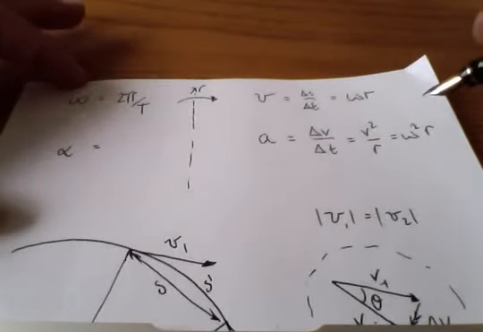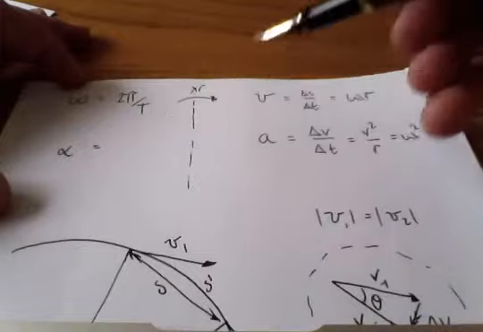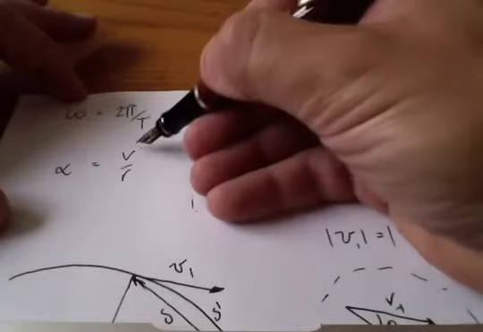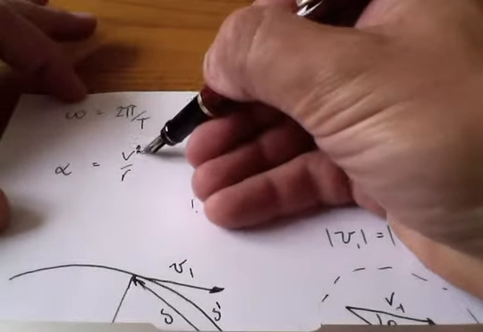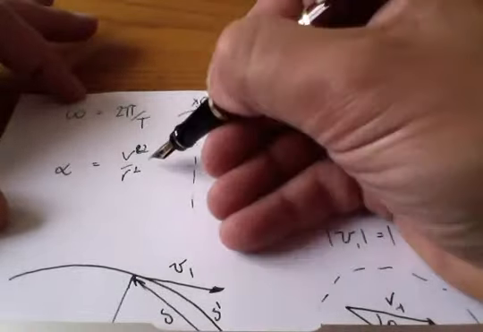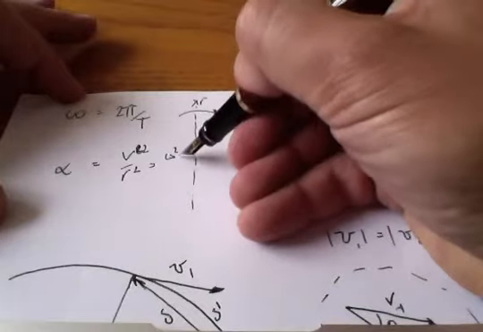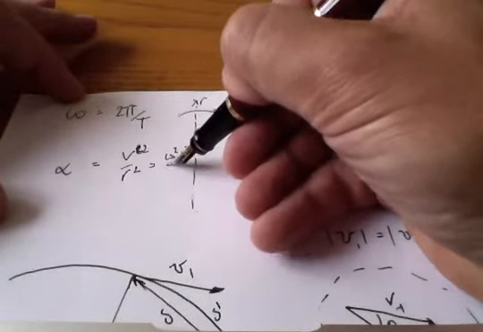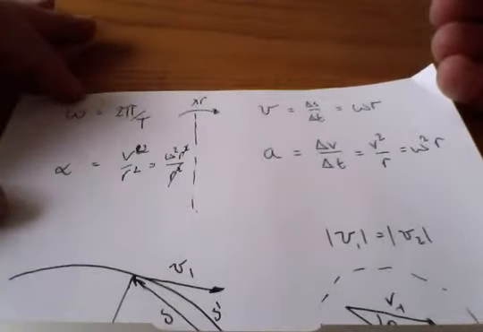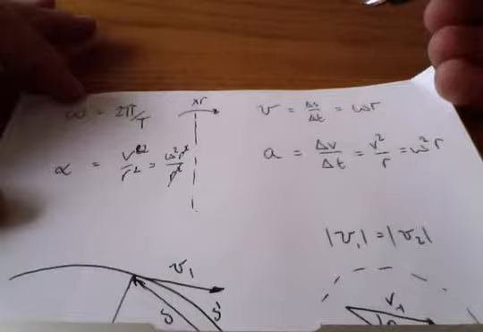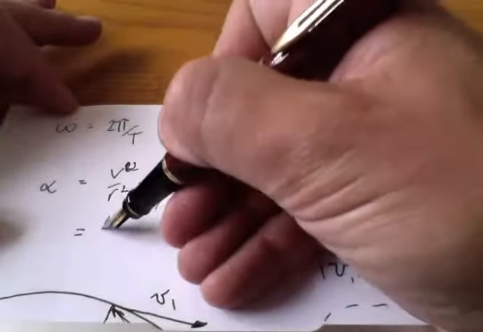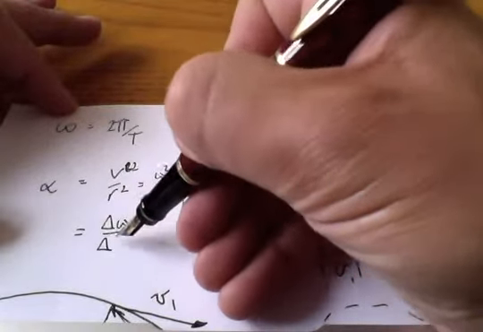Okay. And as I said, if we move from here to here, we multiply by r, the v squared over r squared must be our angular speed, or even omega squared r squared over r squared, which leaves us with the change in omega over the change in t.